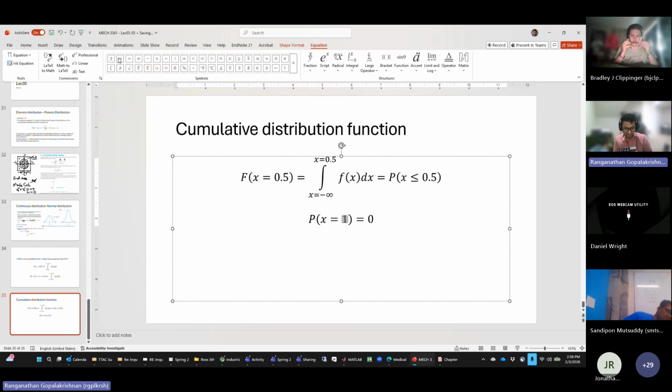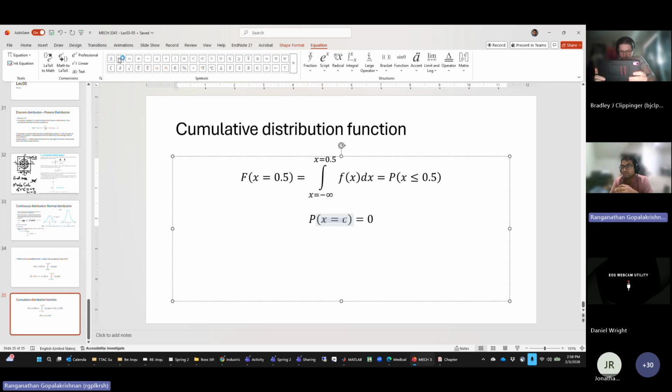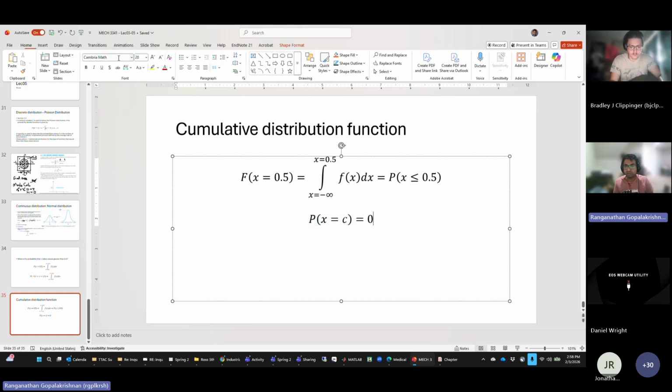The probability of any exact value, like 2, 3, 4, a single precise value, is 0, because the random variable cannot take on precise values. It has to take continuous values. If somebody asks you what is the chance that x equals 1.1, you don't have to do any integral. You can just say 0. So the probability of any particular value is 0.